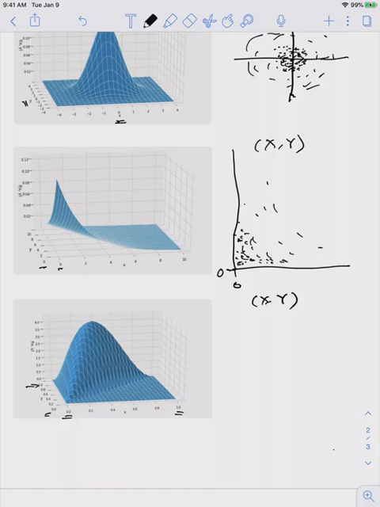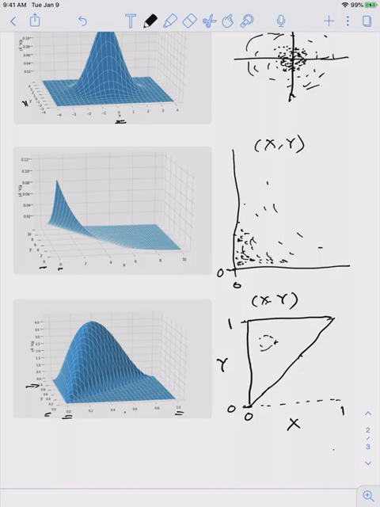And so it seems to me that the action is on the unit square, actually not even on the unit square, it's on the upper triangle. So x has values 0 to 1, and y also has values 0 to 1, but the density is entirely on this upper triangle. It looks to me there's a lot of action here, and then maybe tapering off.